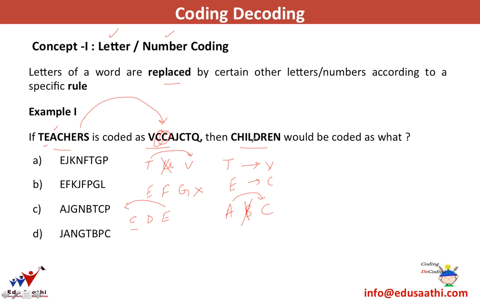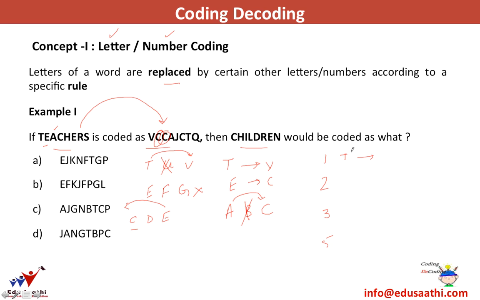So now what the coding done here is, if the letter is at the odd places like 1, 3 or 5, then the alphabet is replaced by the alphabet leaving one in the forward direction.